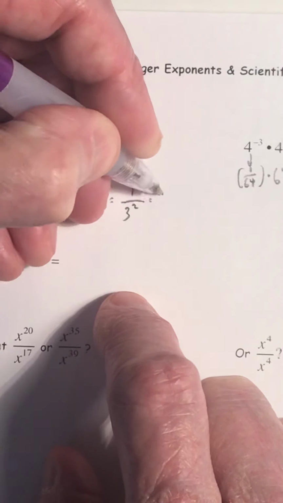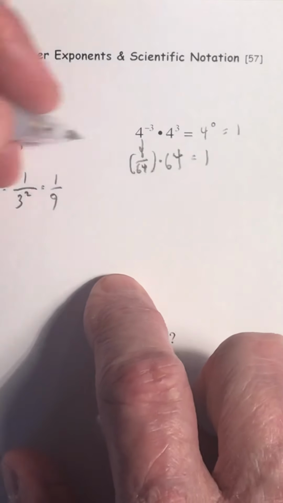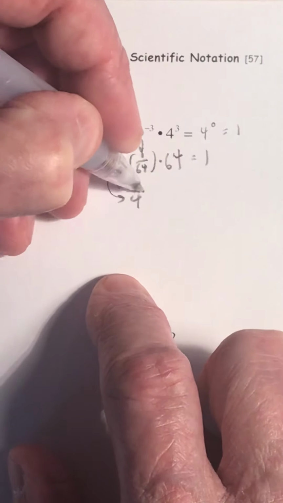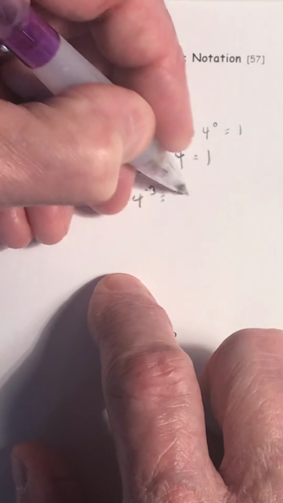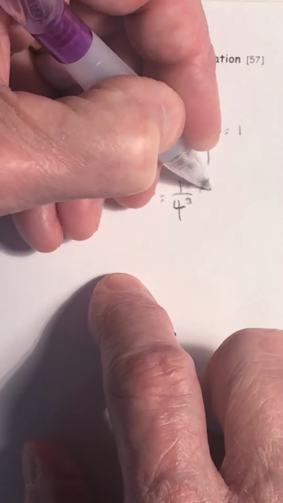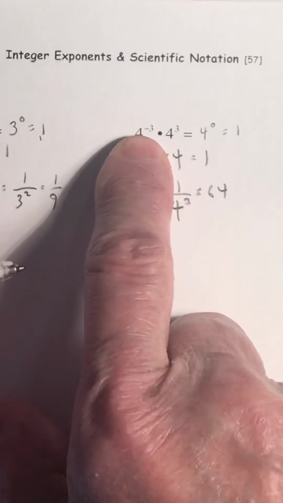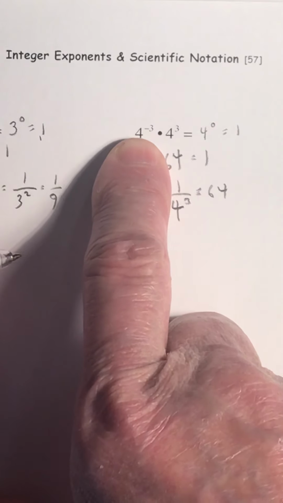See, there's another way of writing 1/9. 4 to the negative 3 really means 1 over 4 to the positive 3, which is 64. So it's really not negative, it's really more like inverse.